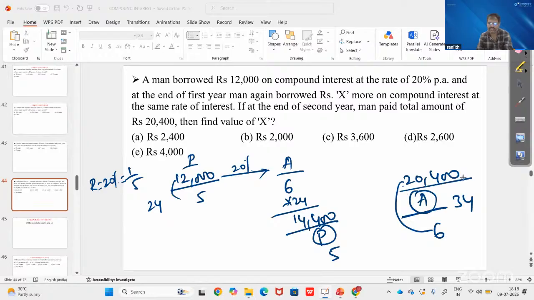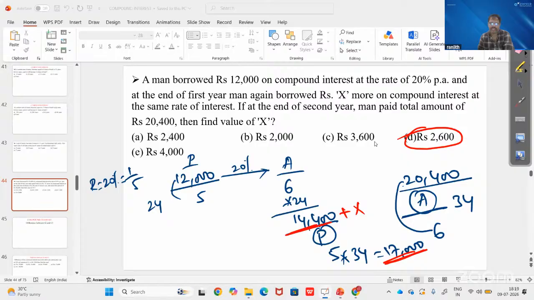Here also I multiply 5 into 34, which is 17,000. But we are investing 14,400 only. The extra we are investing is X. So 17,000 minus 14,400 will be the difference of amount, equal to 2,600.